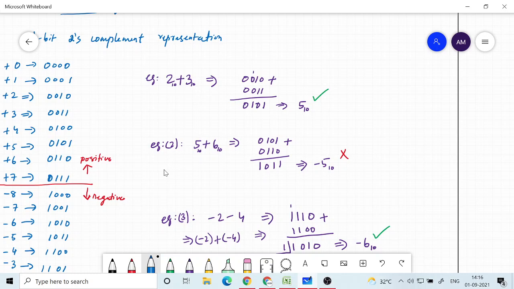The final carry is whatever you get after adding the MSB position, and the previous carry is whatever you get adding the position before the MSB, that is, the third position in these 4-bit numbers. If it is an 8-bit number, adding the 8th position as well as the 7th position. And the 8th position, or MSB, is basically the sign bit of the numbers.